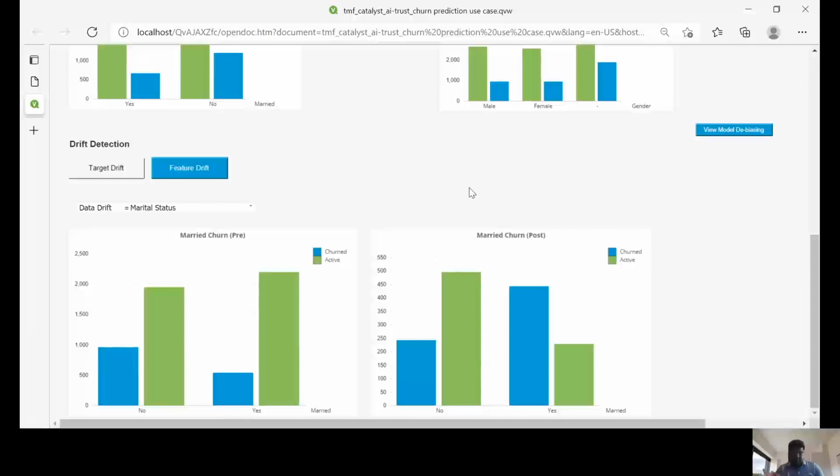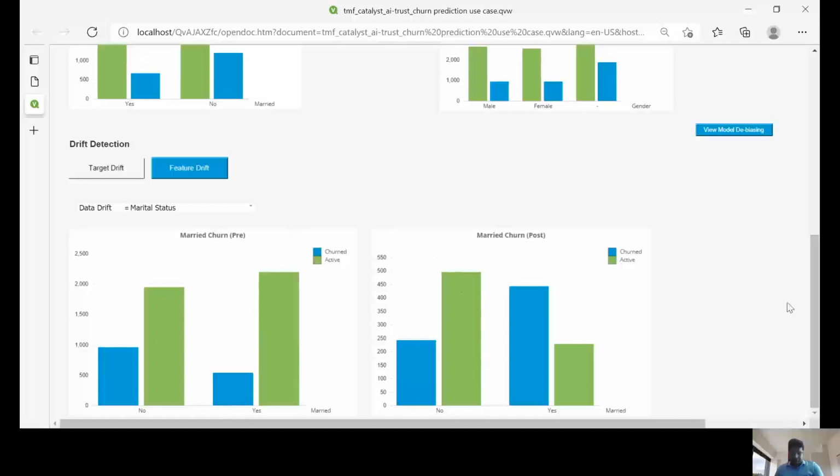You can also see this analysis with your training sample versus your population, just to see whether you have selected a training sample which is completely, slightly, or significantly different from your population, right? That's what this drift detection is about. So this is telling me that between the training and test samples, there is a drift that we have seen in the marital status.